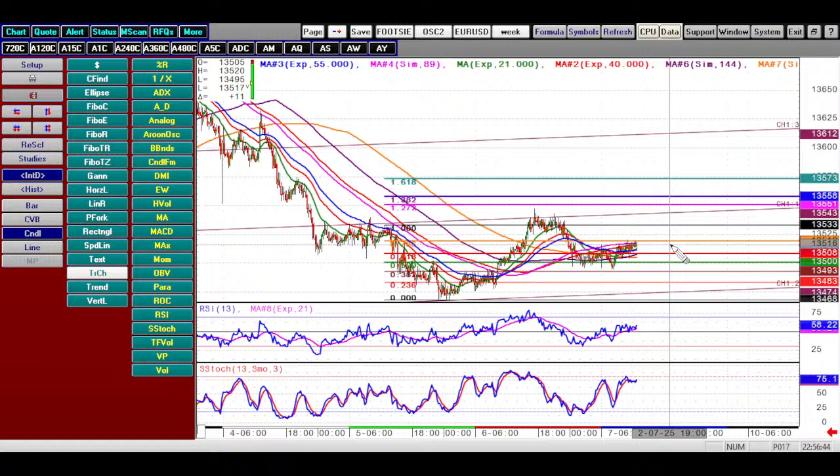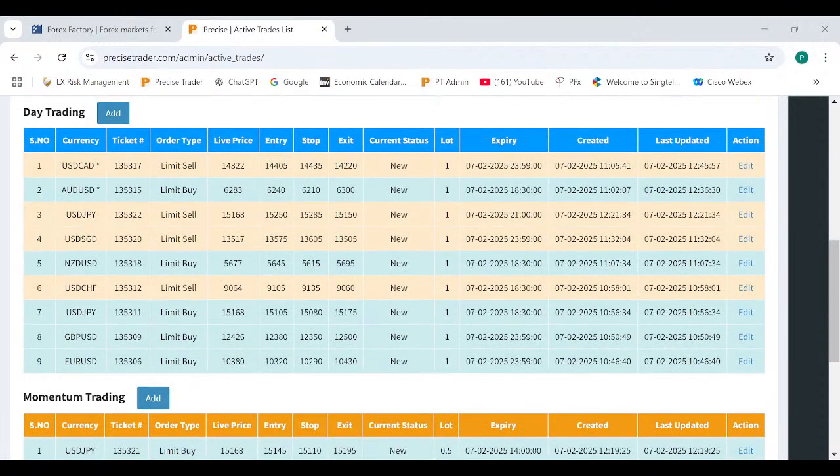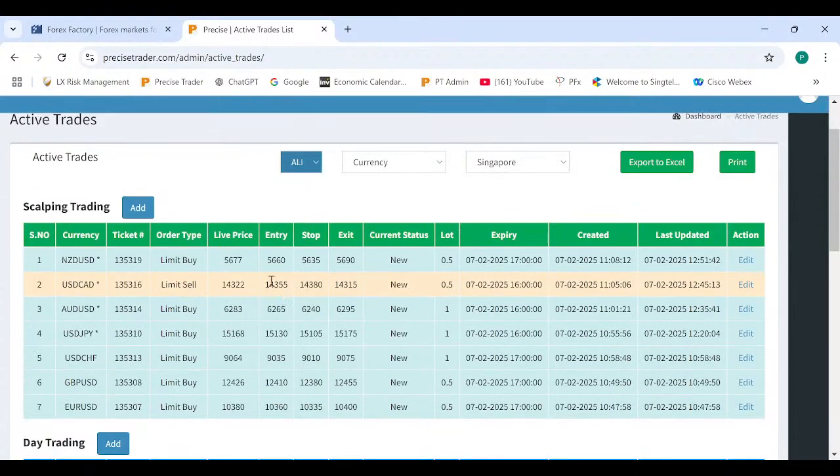So how can we trade this? I don't want to sell now. I'll wait for 45 or 60, 65. I think we are putting 75. And we have not given any scalping trade.